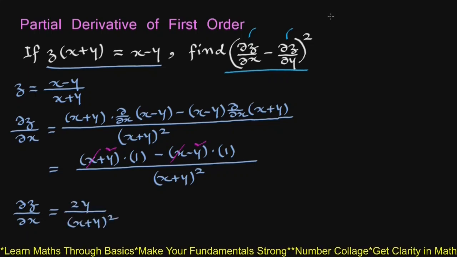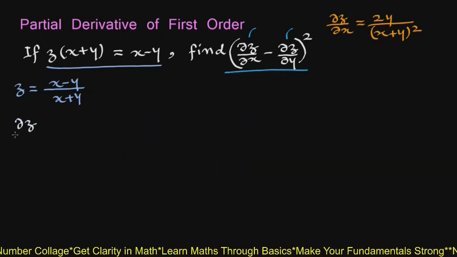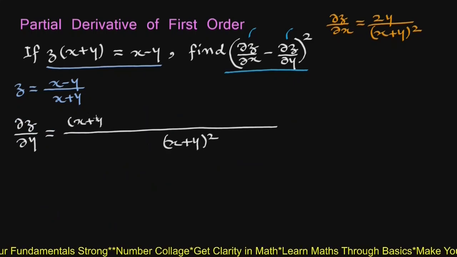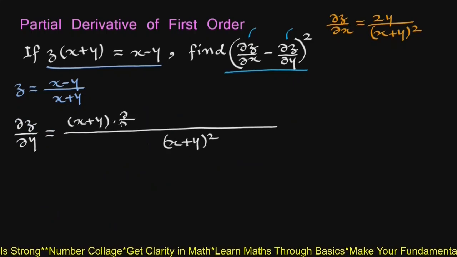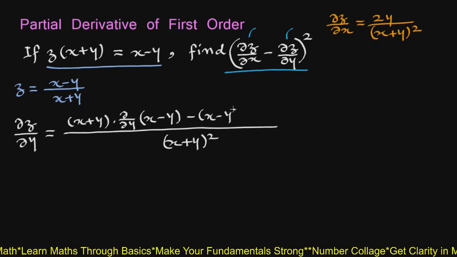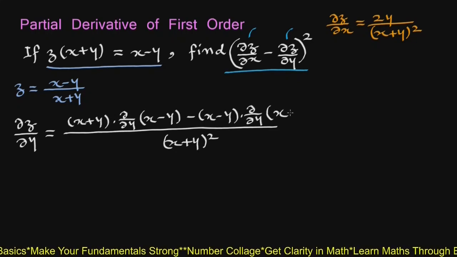We write it here. Next we find ∂z/∂y, which is upon (x plus y) whole square, (x plus y) into ∂/∂y of (x minus y) minus (x minus y) ∂/∂y of (x plus y).